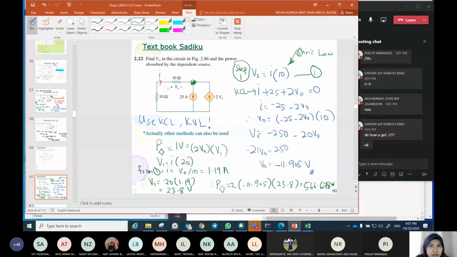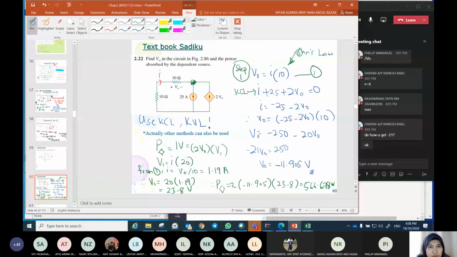Meaning that the V of this 10 ohm plus the V of this 10 ohm is equal to the voltage drop across this 2V naught, and also equal to the voltage drop across this 20 amp. So I name the V as V1. V1 is the voltage drop here.